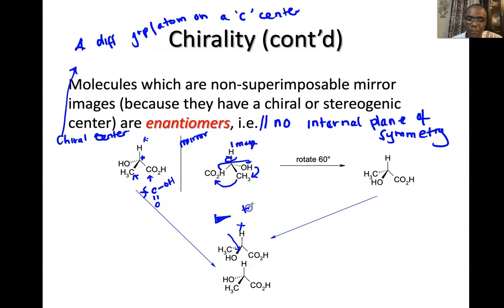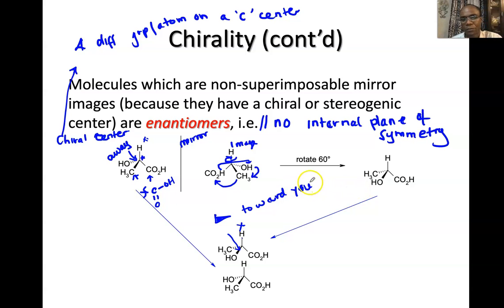This means towards you. And then here the OH is away. That's the only difference. Okay. So there's no way you're gonna superimpose these 2 molecules. They are enantiomers.